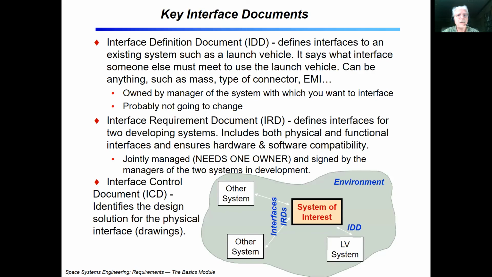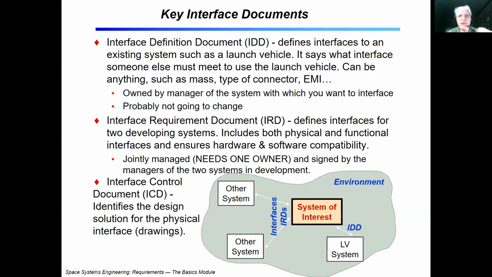All right. So there are a number of documents that you're going to be involved with as you go into projects later in your career. You don't have to do these here, but there are things called interface definition documents or interface requirement documents, or the interface control document.